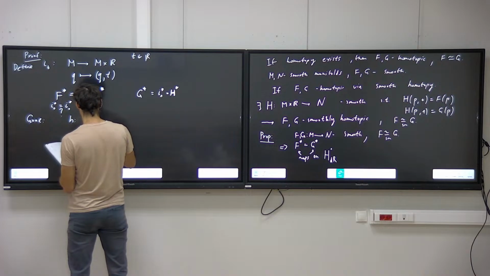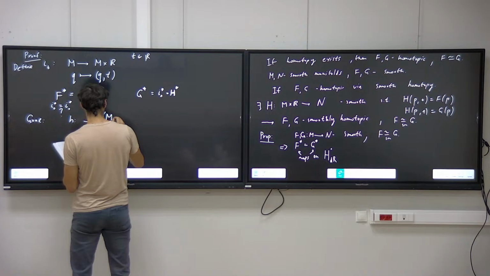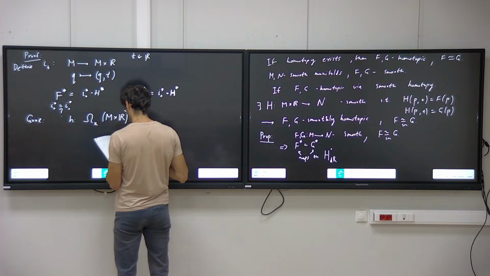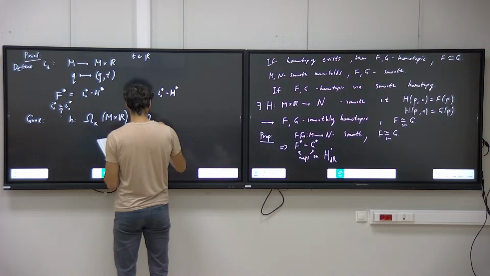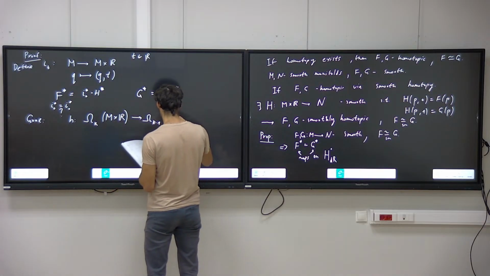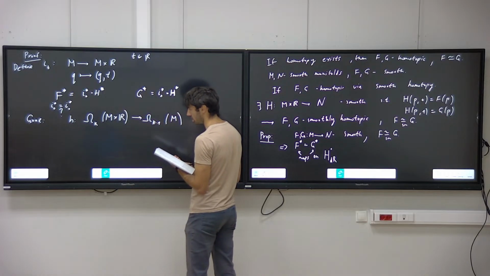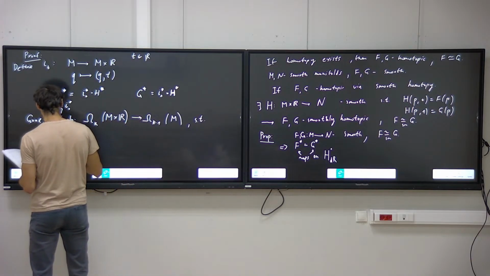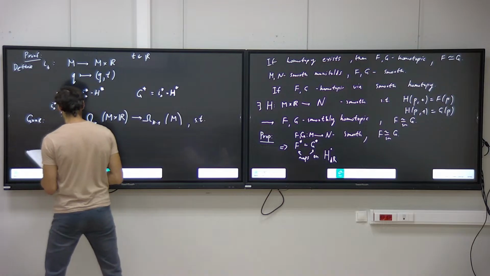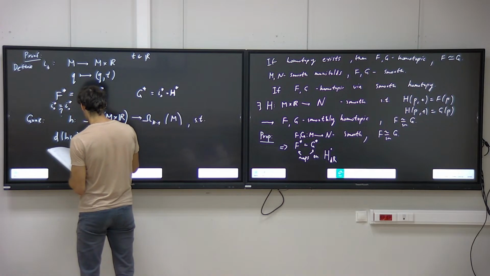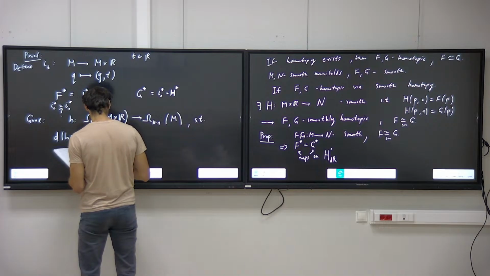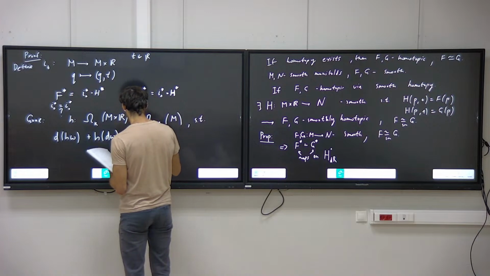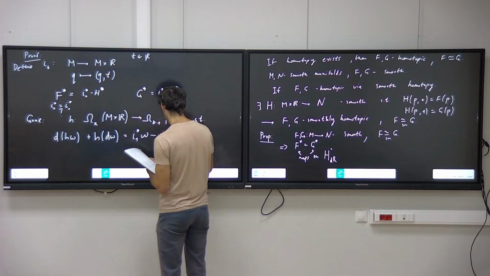From omega k on M cross R to omega k minus 1 on M, such that d of H omega plus H of d omega would be the difference between I1 star omega and I0 star omega.